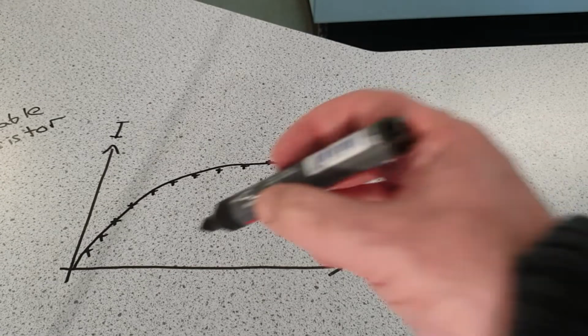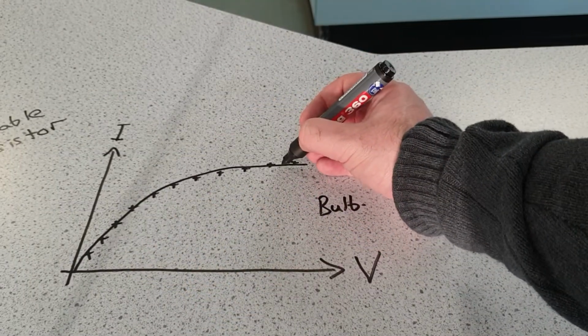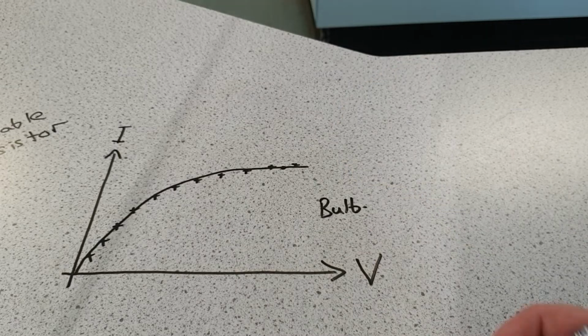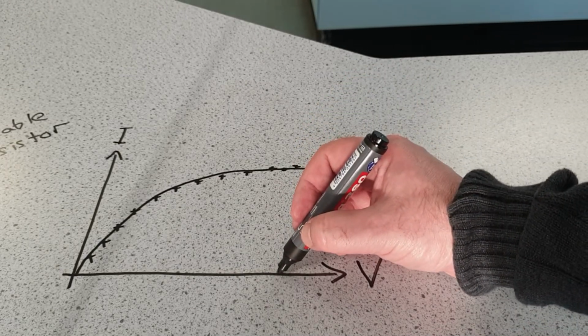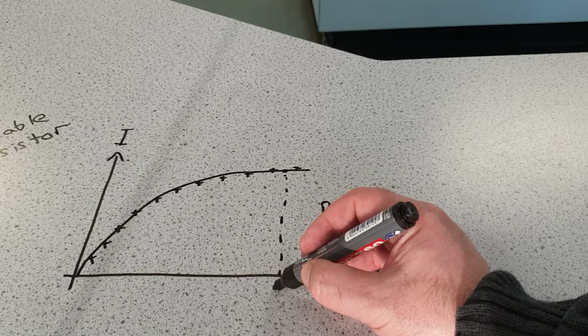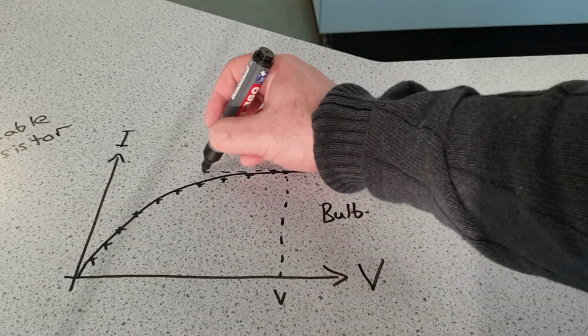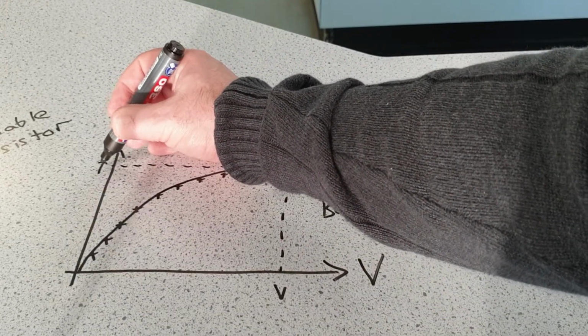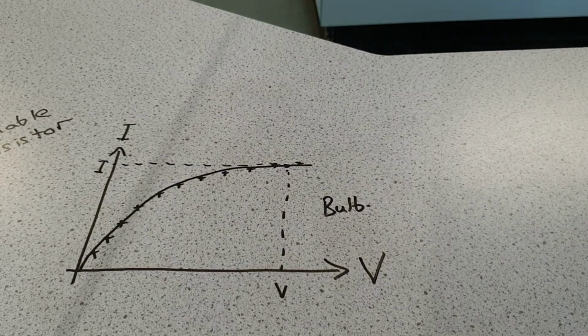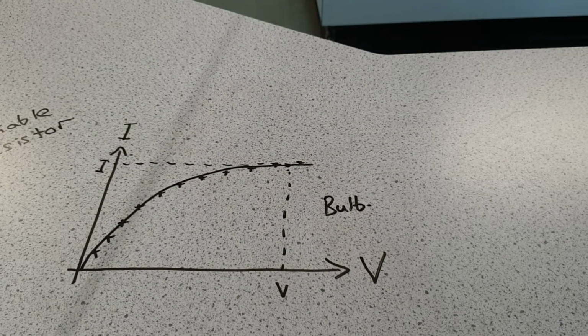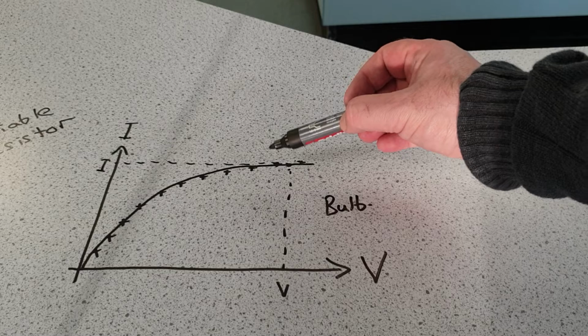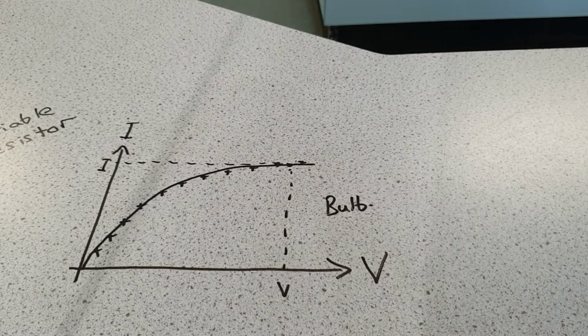Now, if I take any point along this line, so for instance, if I take this point here, I could read off the voltage at that point, I could read off the current at this point here, and I could measure the ratio voltage divided by current. That would give me the resistance.